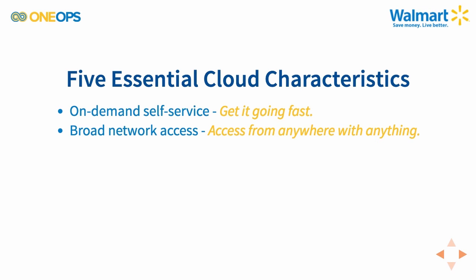You should also have broad network access from anywhere with any sort of devices. In addition, resource pooling should be there so that you can be as efficient as possible. If a server is not utilized to its potential, it should be reduced, and some of its capacity should be made available to other applications in the same network and cloud.